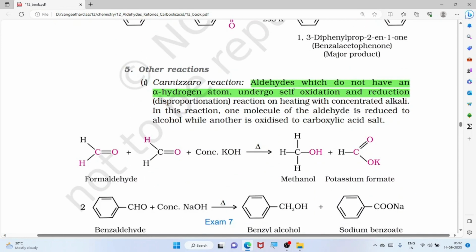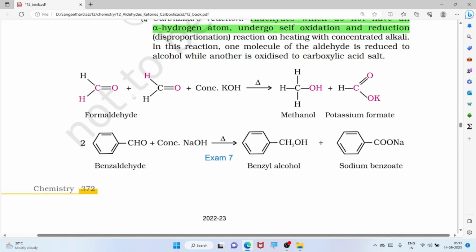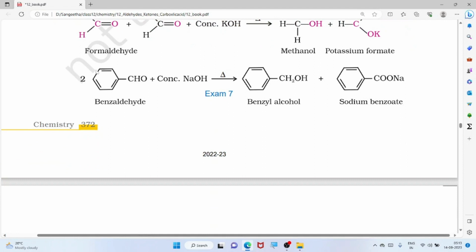You see here the aldehydes do not have alpha hydrogen. This also does not have alpha hydrogen. This functional group is a carbon which does not have alpha hydrogen.